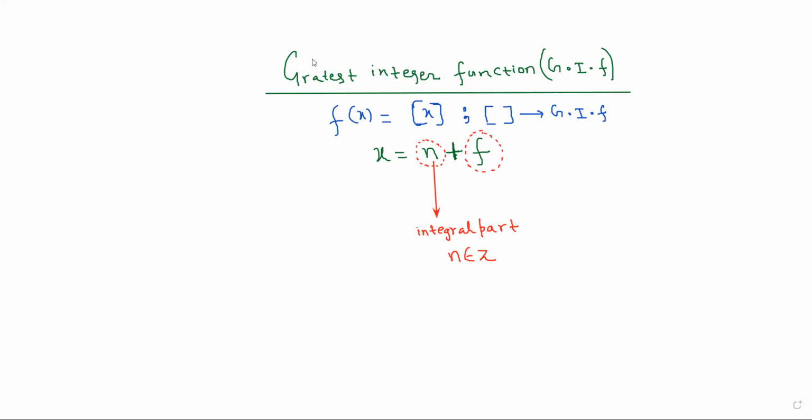And f is the fractional part, and f should lie between 0 and 1. So basically, greatest integer function of x is equal to n.